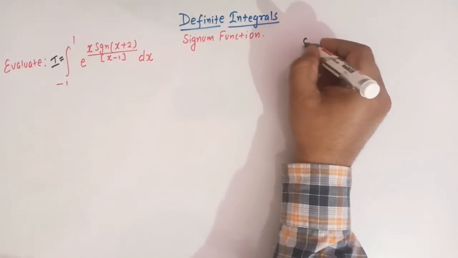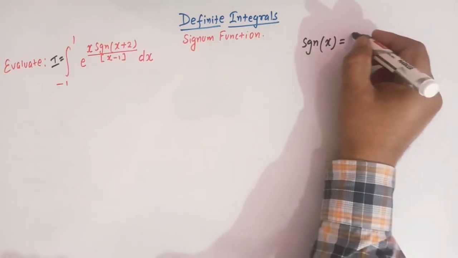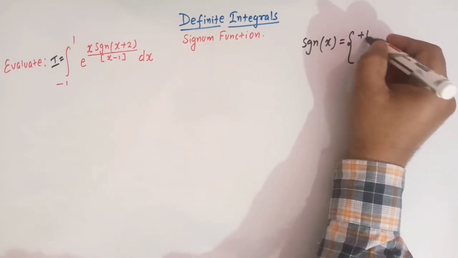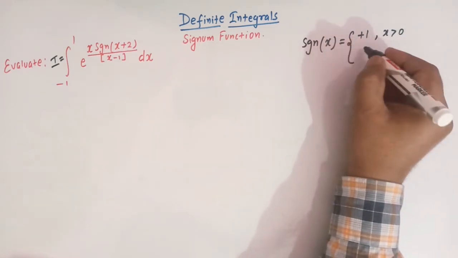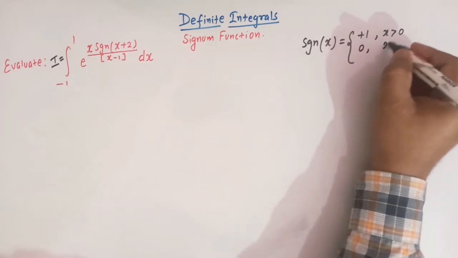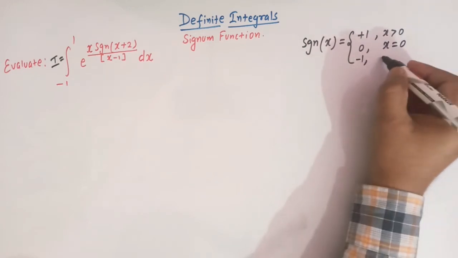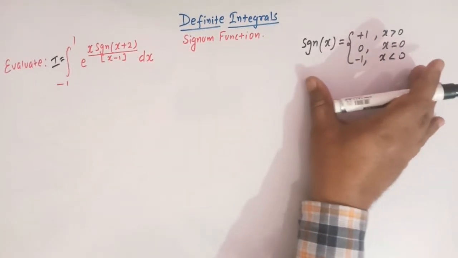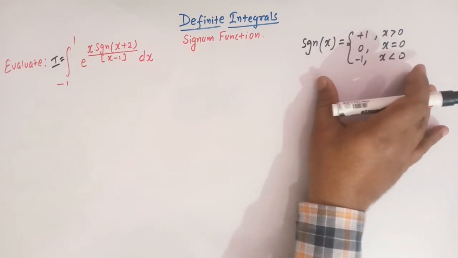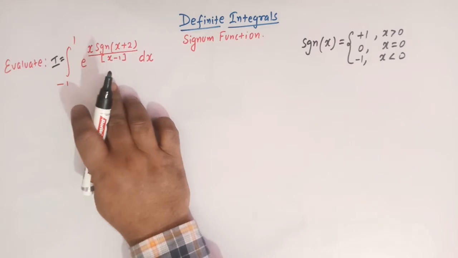Signum of x is defined as plus 1 when x is greater than 0, signum of x is equal to 0 whenever x is equal to 0, and signum of x is equal to -1 whenever x is less than 0, right? This is a very important definition to evaluate integrals of this type, right?